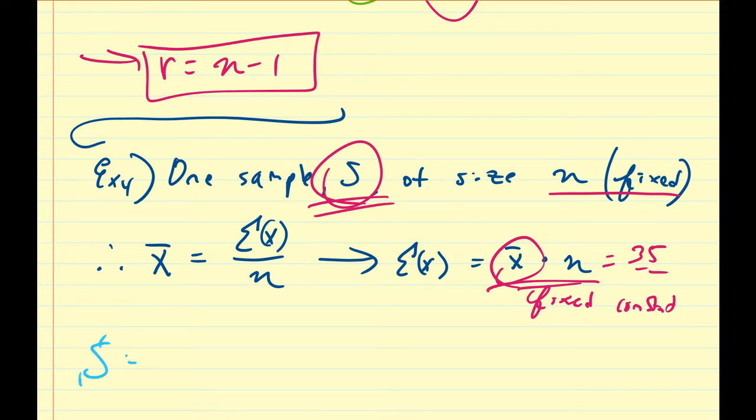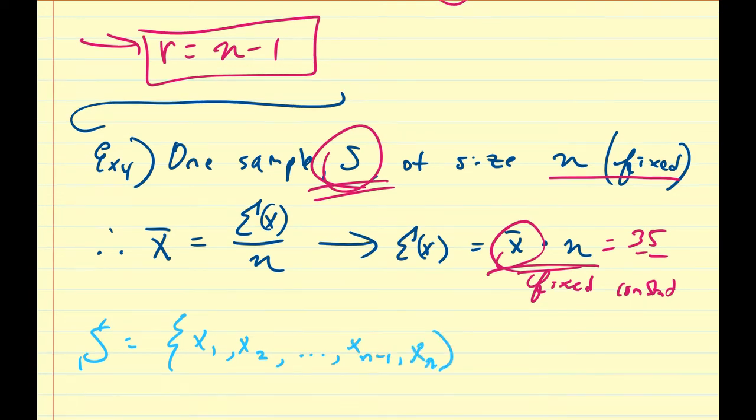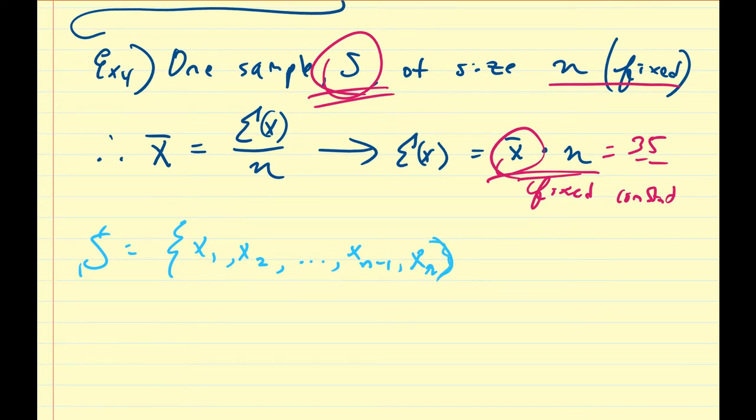Recall that the sample consists of values x1, x2, all the way down to x(n-1), xn. How many degrees of freedom do we have in these values if we want a particular x bar and n? If you think about it this way, I can choose any values for x1 through x(n-1).